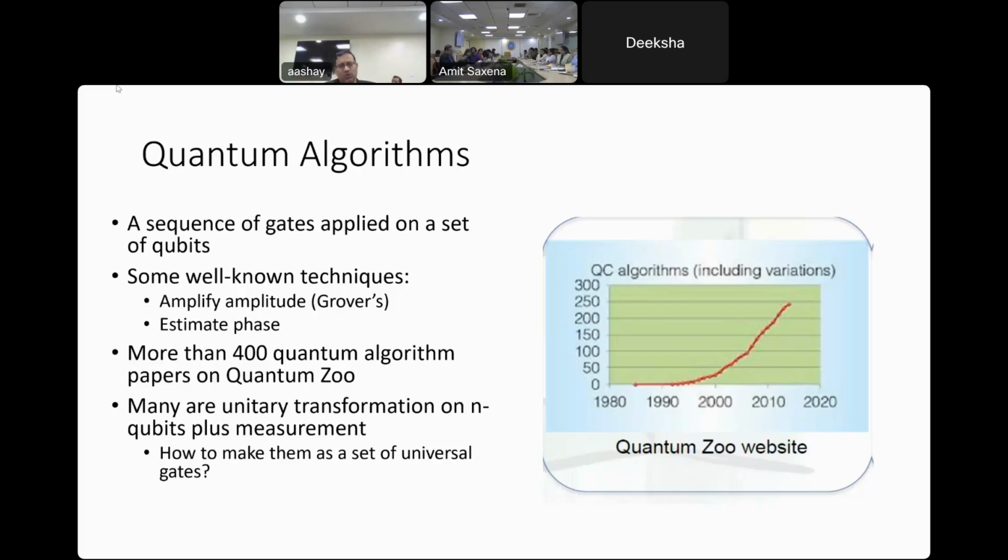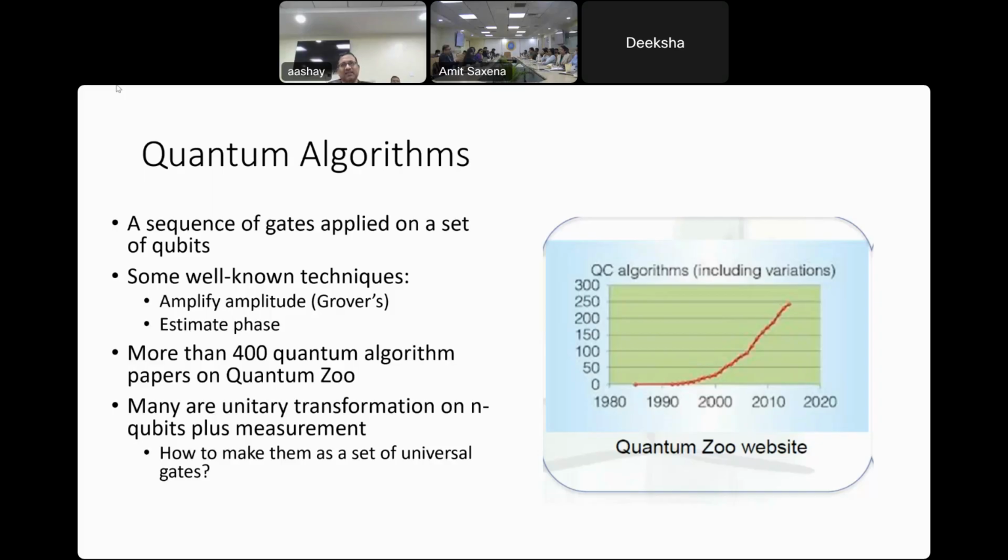So it's always good, but the main thing is that if I try to solve an algorithm, we need to know what transformations we need to apply on the qubit state. And these quantum transformations should be doable in quantum technology.